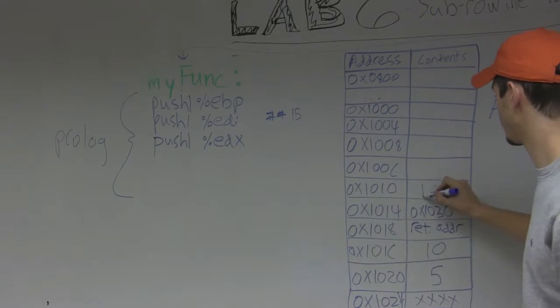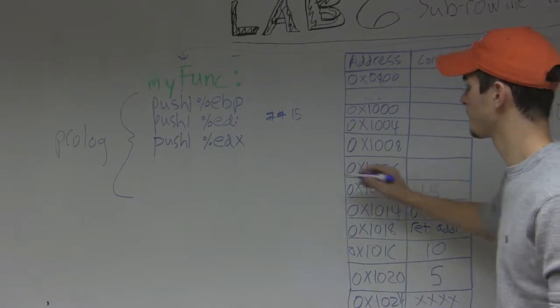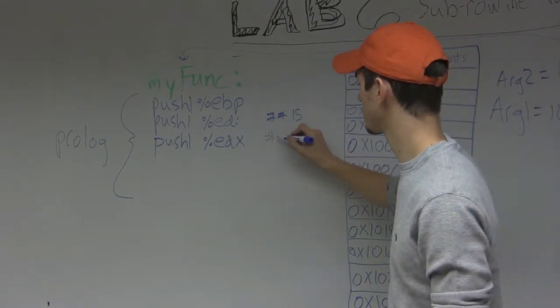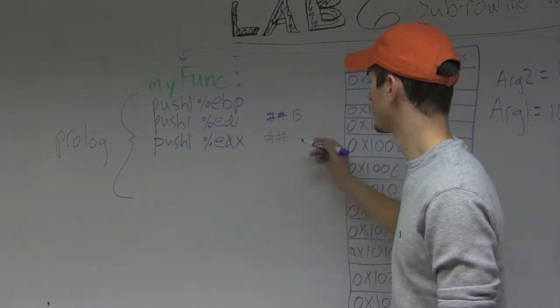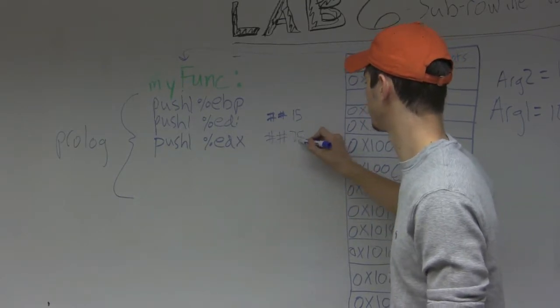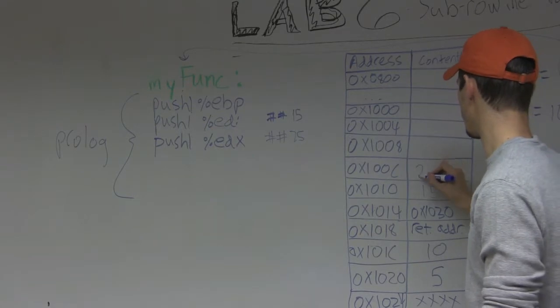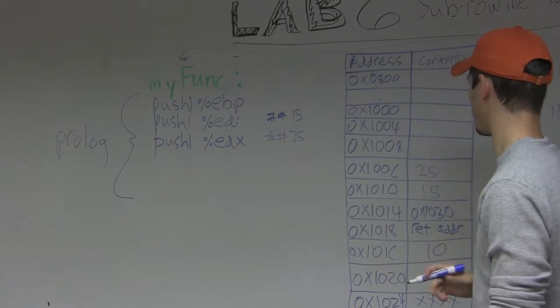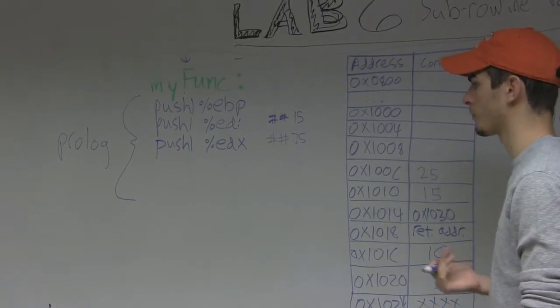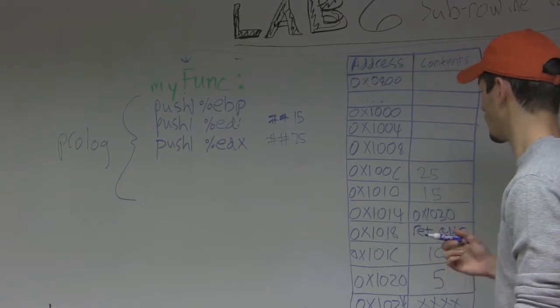Push EDI 15, EDX, say 25. Whatever may be stored in those registers before we change them, if at all.